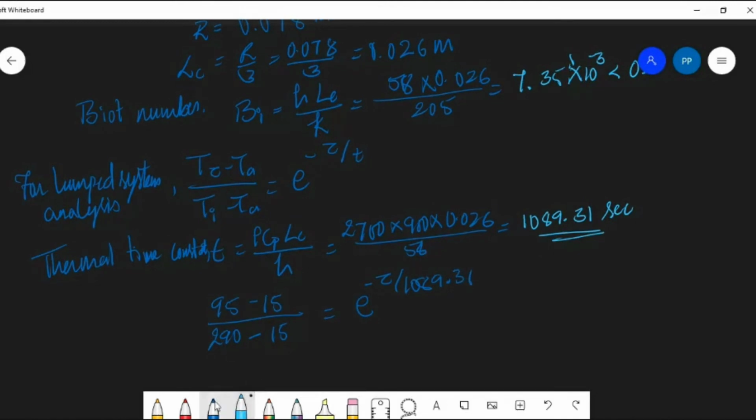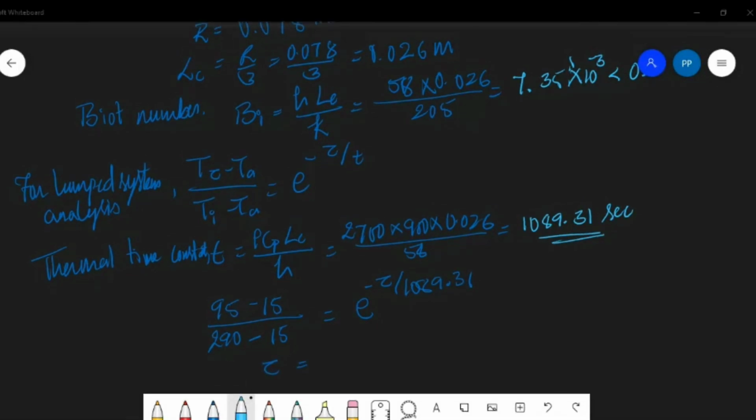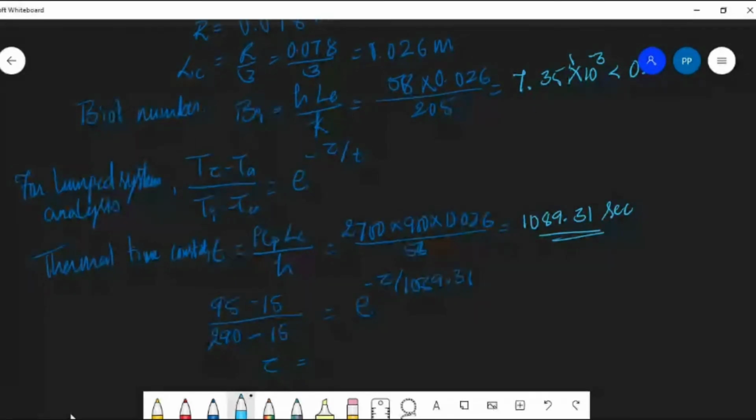So calculate tau: 1345.01 seconds. That is a very large value.